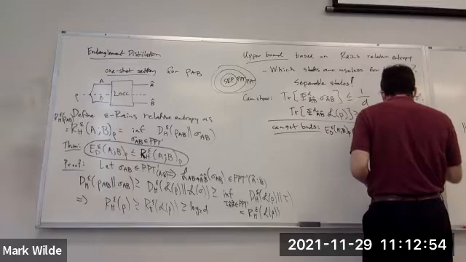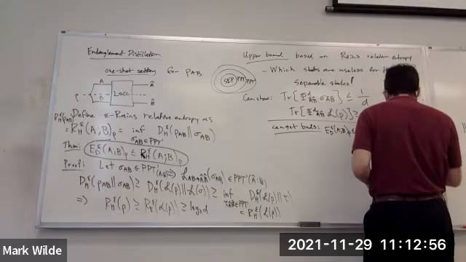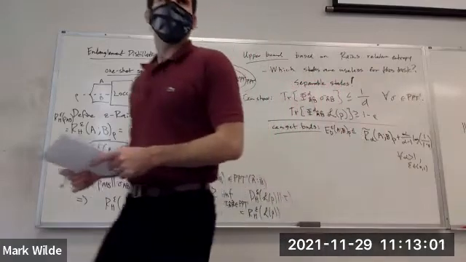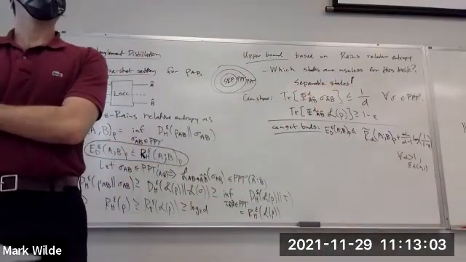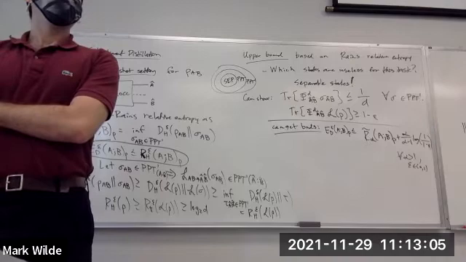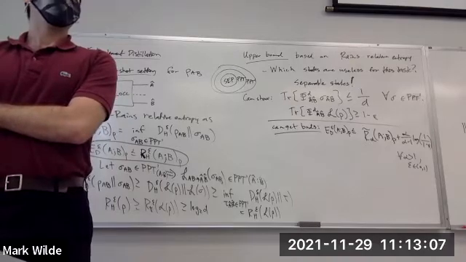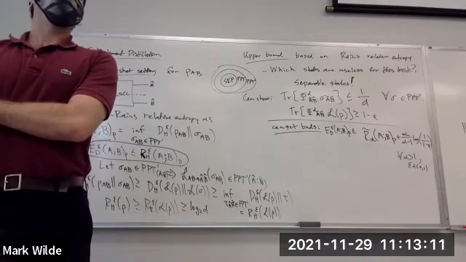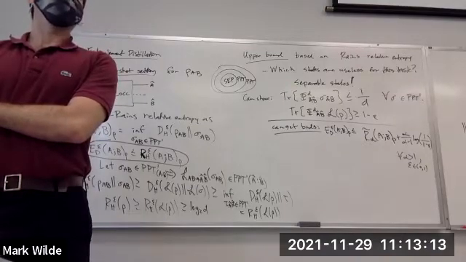This will hold for all alpha greater than 1 and epsilon between 0 and 1. How do we get this? This kind of thing we've probably done like 4 times now, right?